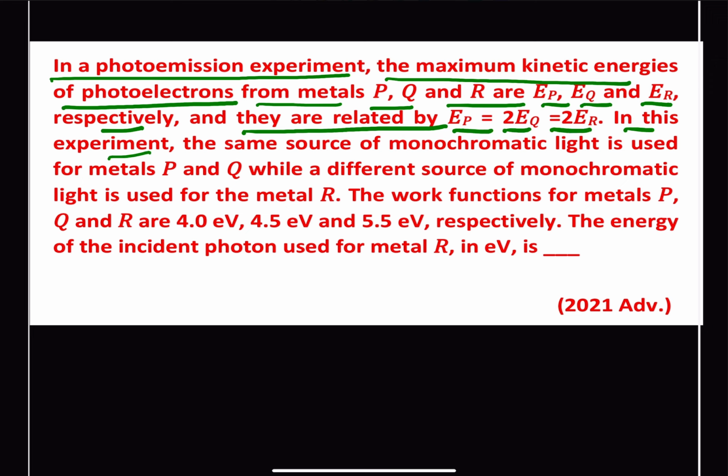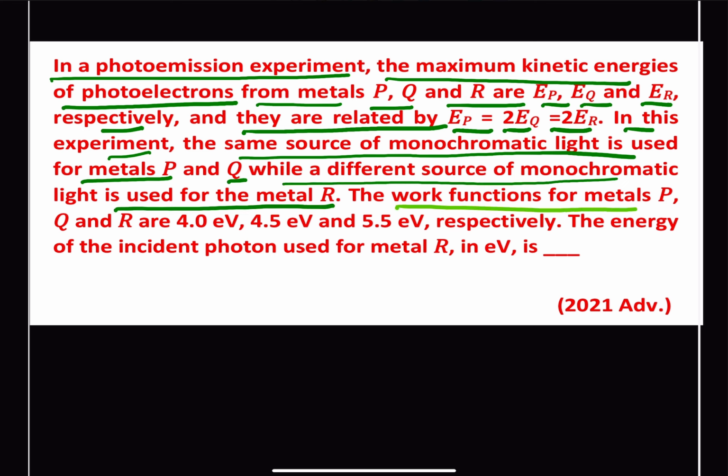In this experiment, same source of monochromatic light is used for metals P and Q, while a different source of monochromatic light is used for metal R. The work function of metals P, Q and R are 4, 4.5 and 5.5 respectively. The energy of incident photon used for metal R in electron volt is.